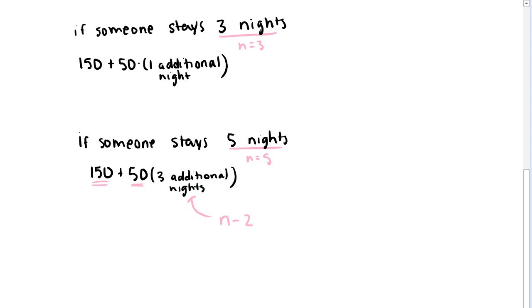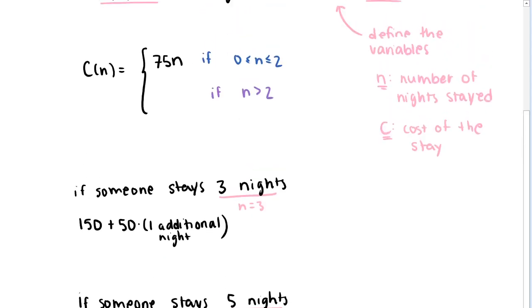So here in general, how we compute this second rule should be 150 for the first 2 nights plus 50 times, I didn't give myself enough space, let me move this over to this side, 50 times n minus 2. And so that's our piecewise function here.